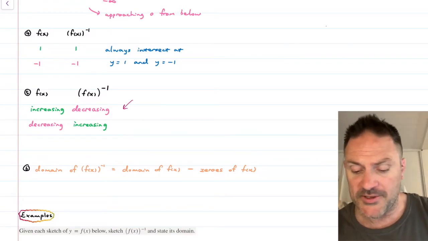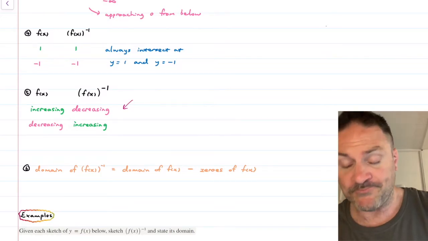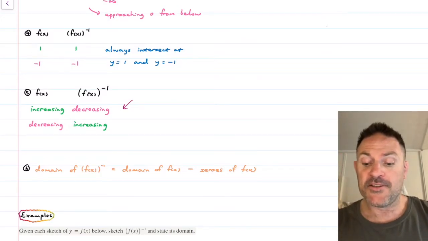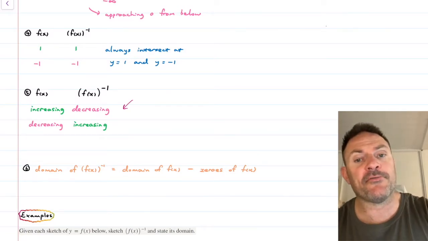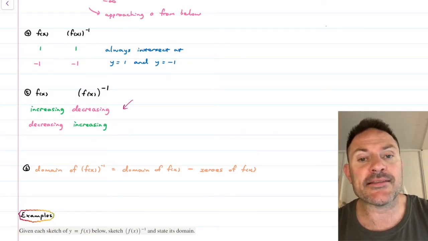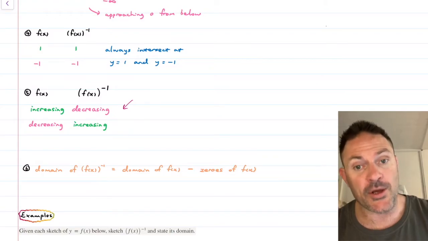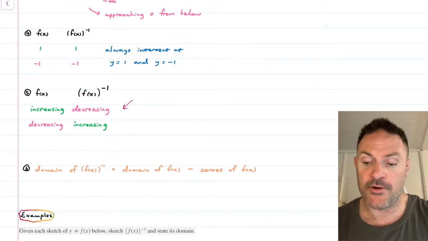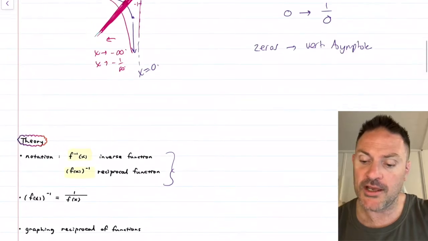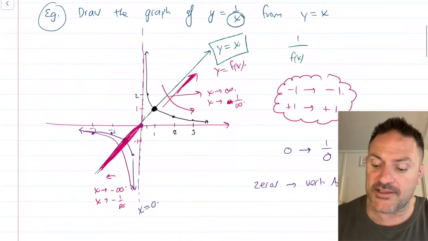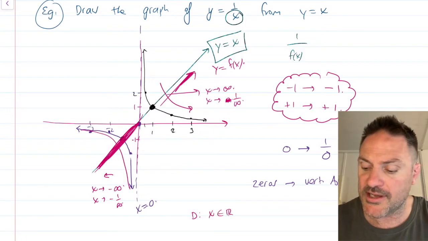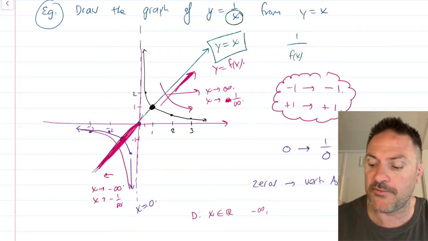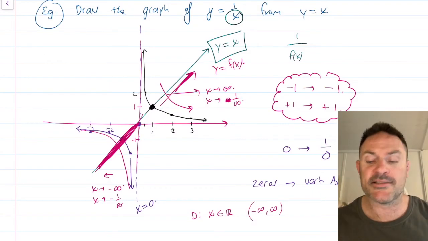The last thing that ma'am has put here, which is really important, is about the domain. And that means if you have the domain of your function f of x, you look at the reciprocal function, it'll be exactly the same except your zeros. You have to omit the zeros. So if we come back to that equation here, we know that for y equals x, the domain, x is all real numbers, or you could say it's between -infinity and +infinity because it's all real x.